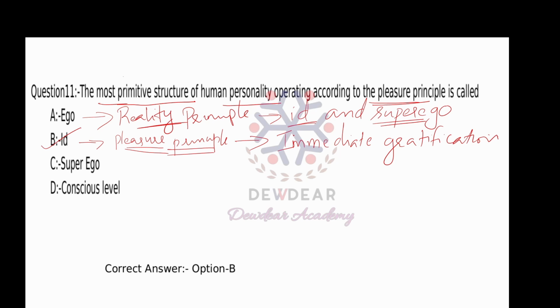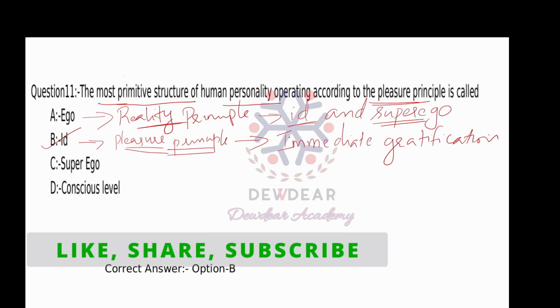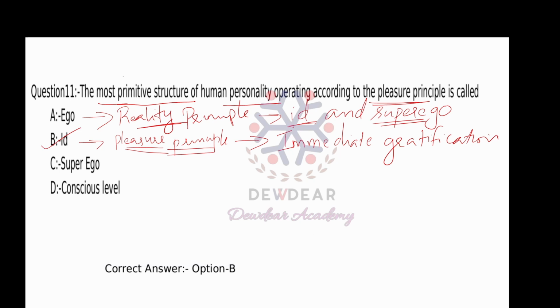This ego works to find realistic and socially acceptable ways to satisfy the id's impulses. When we have the impulses or desires of the id, the ego finds the socially acceptable or realistic ways to satisfy them.